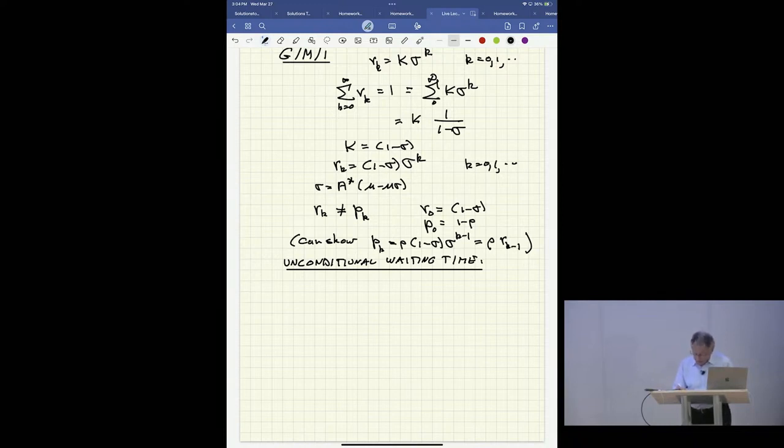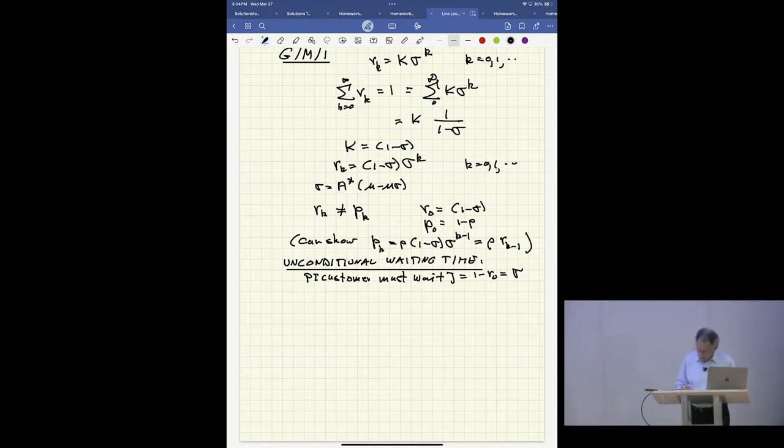Remember that the probability that a customer must wait in this case is what? We've already solved it. That's 1 minus the probability he doesn't have to wait, namely, it's 1 minus R_0, which in fact in this case is simply equal to sigma, since we know that R_0 itself is 1 minus sigma.